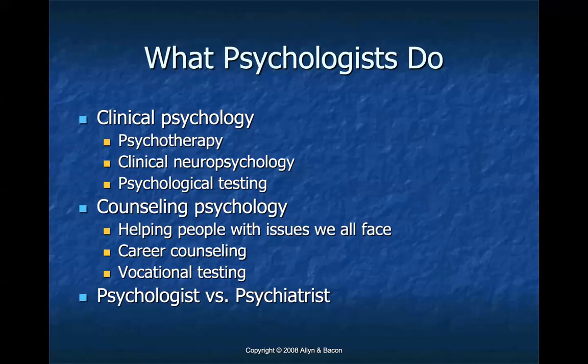Yeah, a psychiatrist is an MD with a specialty area of psychology. A psychologist usually has some connection with an MD where they could refer a patient to a medical doctor who would be able to prescribe. In my case, I'm an academic psychologist, so I don't have a clinical license.